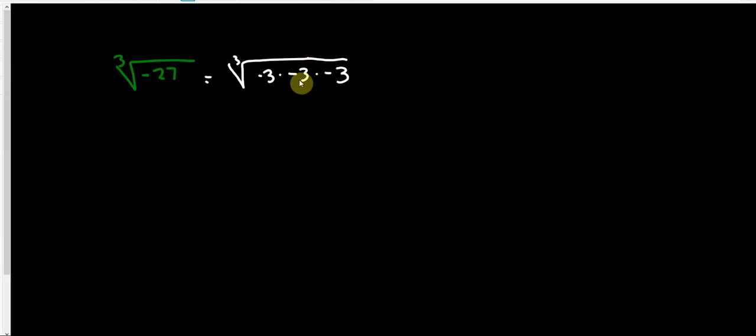A negative times a negative is a positive, and a positive times a negative is a negative. So I can do negatives. When I do third roots, I'm going to end up keeping the same sign. And so negative 3 is your answer. So it's okay to do these with third roots. With square roots, I can't do these negatives.